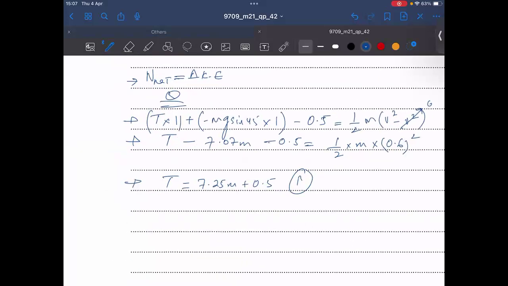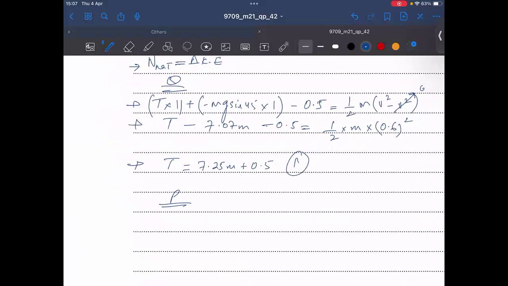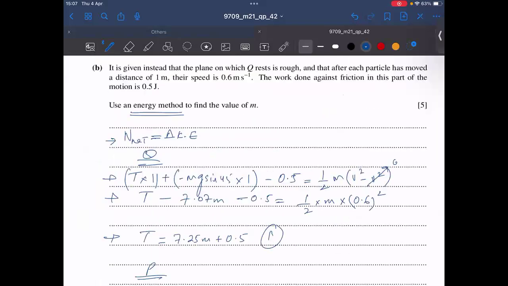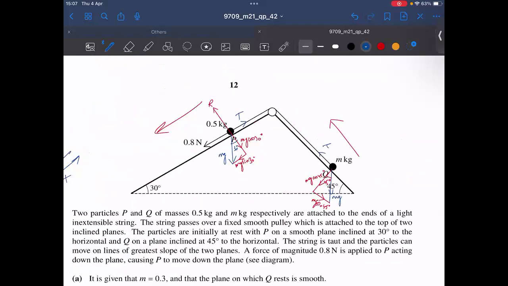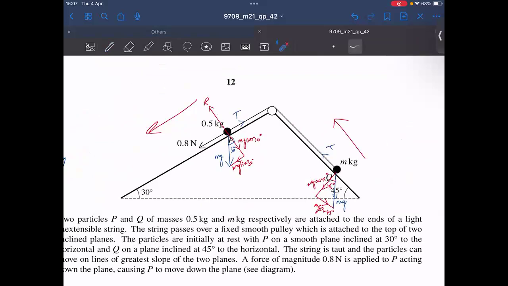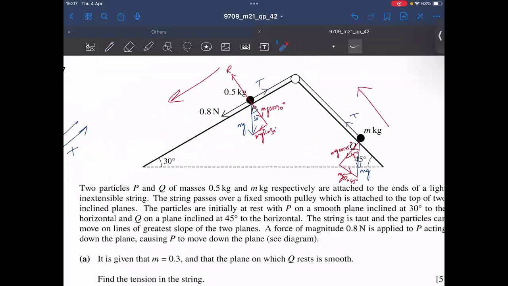Now, I'm going to apply on P as well. On P again, the work done by tension is going to be negative, because P is moving downwards and tension is directed upwards.